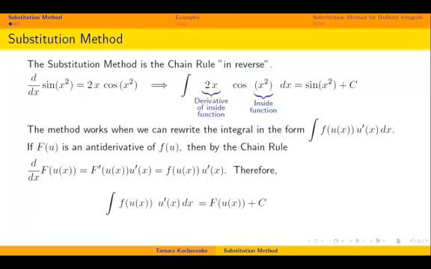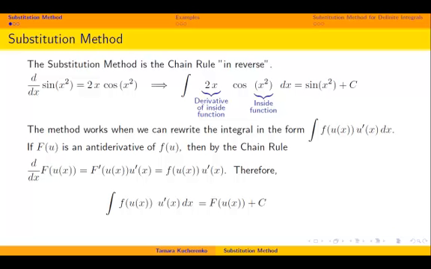Therefore, the integral of f of u of x times u prime of x equals capital F of u of x plus c. This formula represents the substitution method.